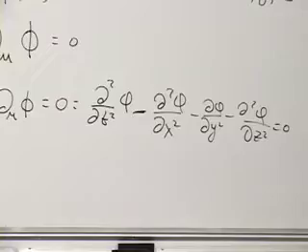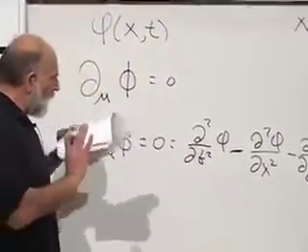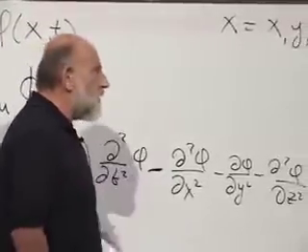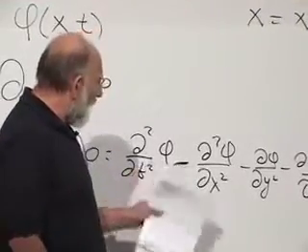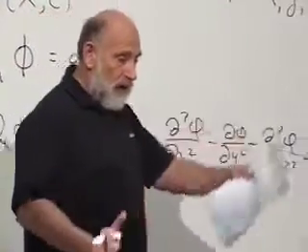All right, let's imagine now a wave moving down the z-axis. It's moving down the z-axis, and that means phi only depends on z. It doesn't depend on x and y. It may also depend on time. If a wave is moving and you're standing still watching it, of course you're going to watch it go up and down, so it will depend on time, and it will also depend on z where you are, but it won't depend on the other directions.